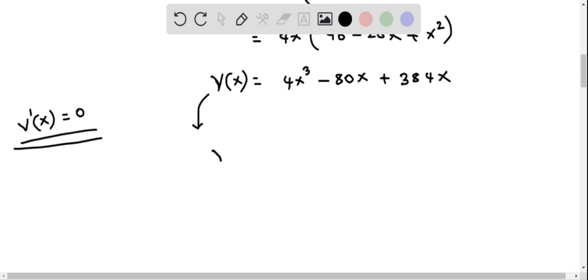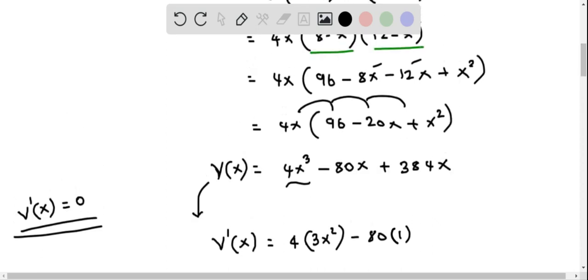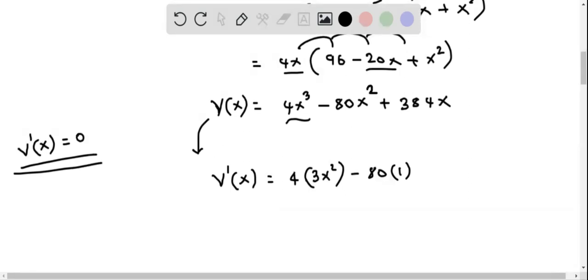So let's find the derivative of the volume function, which is V prime of x, and this equals the derivative of 4x cubed, which is 4 times 3x squared, minus 80 times the derivative of x. I'm sorry, actually this one is 4x times negative 20x is negative 80x squared. So this has to be x squared. And so the derivative of x squared is 2x.